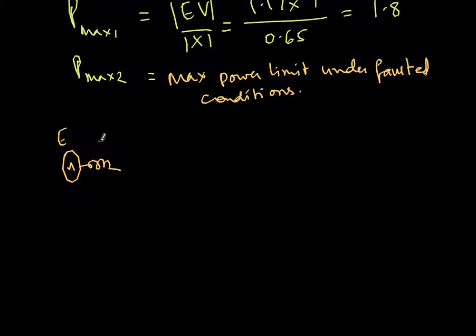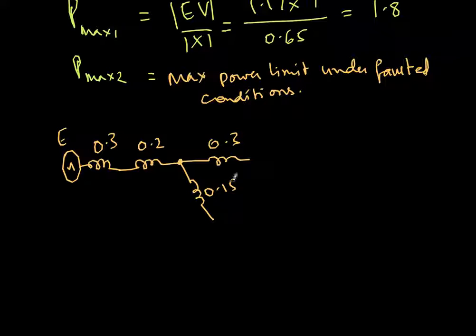I'll just skip the J here, and then 0.2, and then I have one line that is 0.3, and then the other line is 0.15, and this is a midpoint, and then 0.15.